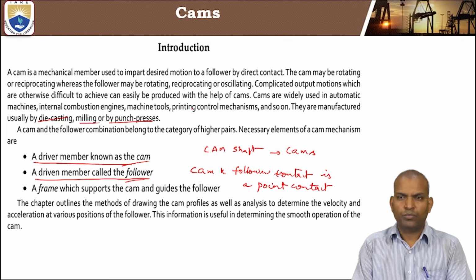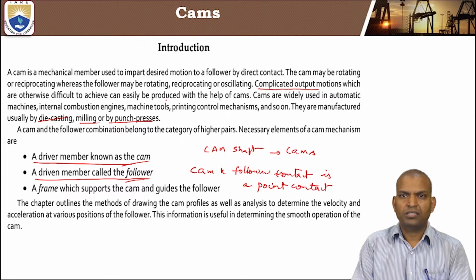Now, one more thing: complicated output motions are a very important term here. If you want to achieve complicated output motions that are difficult to achieve otherwise, they can very easily be produced with the help of these cams. We will discuss in the next slide what this complicated output motion is.